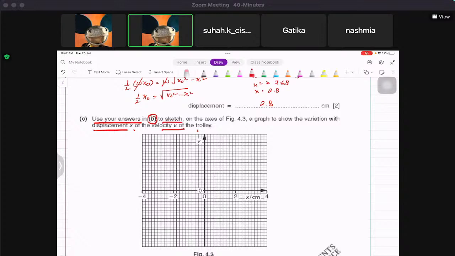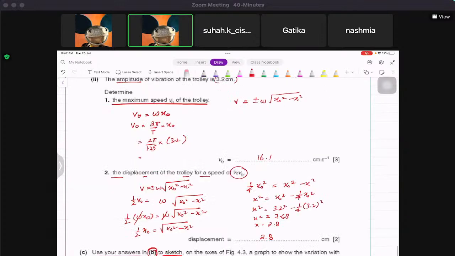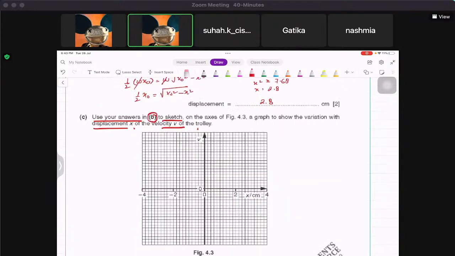Okay, now, so we have v naught, which is 16.1. You don't really need to do anything, you can just take this as 4, 8, 12, 16. So you've got 16, and right here this is minus 16.